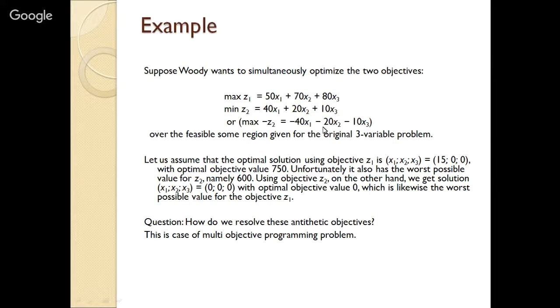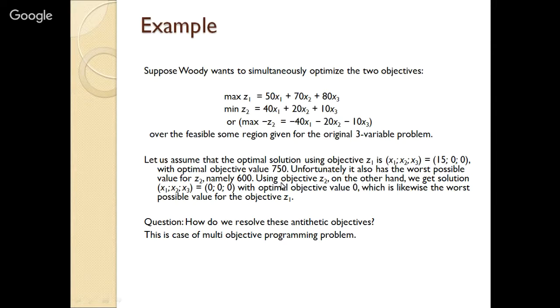Now to maximize this, what solution will we take? 0, 0. Because we want to maximize a negative quantity. So it is better to take 0, 0. But 0, 0 will give the minimum value of the first function. And 1500 is the best solution for the first function, but the worst solution for the second function.